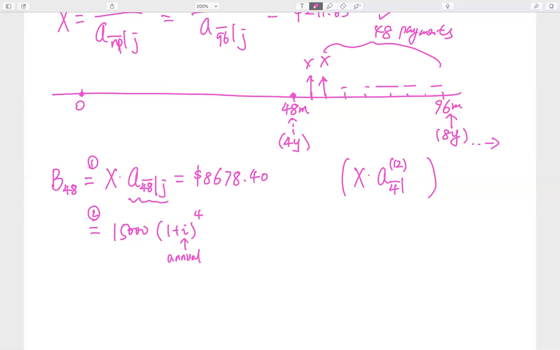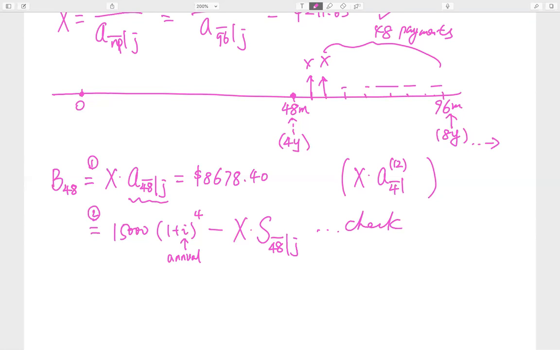Then I need to minus how many payments I have already made. In total, they are 96. There are 48 remaining. Of course, I made 48 as well. Check whether that gives you the same answer.